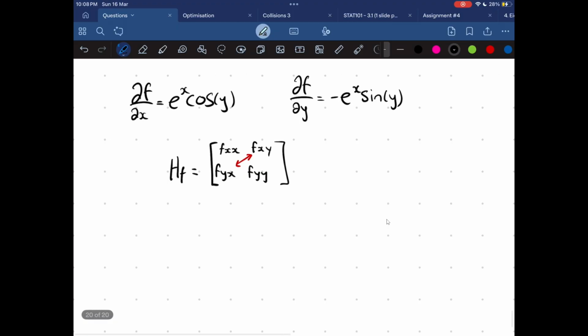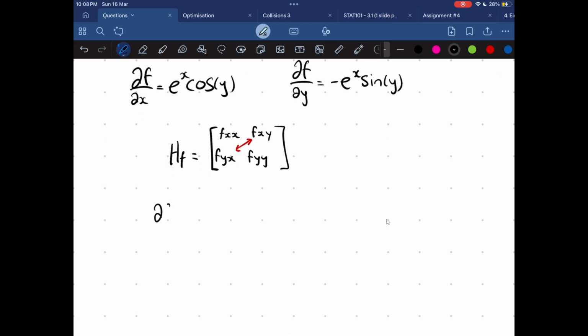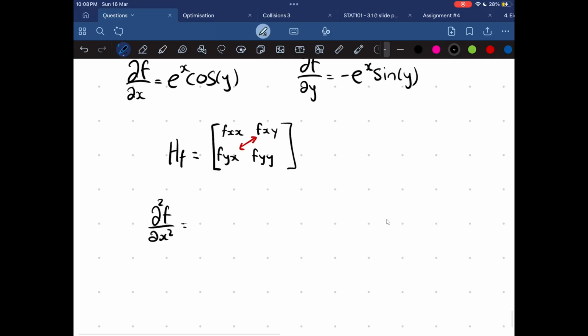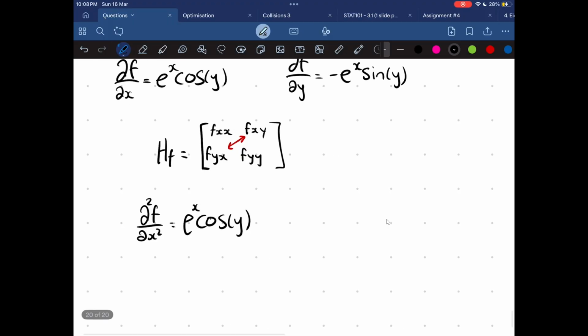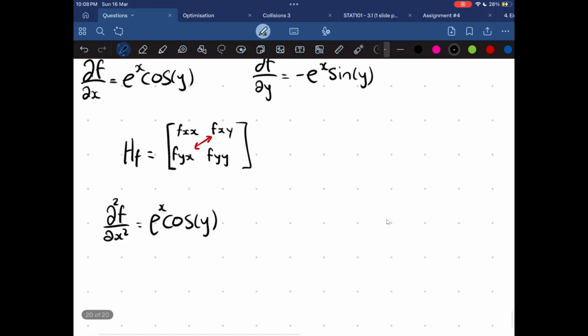So in doing this, we can simply take these second order partial derivatives. This is the notation that I like to use. I don't typically use f xx because I like when the notation looks fancy. So with respect to x, it's just the same thing.